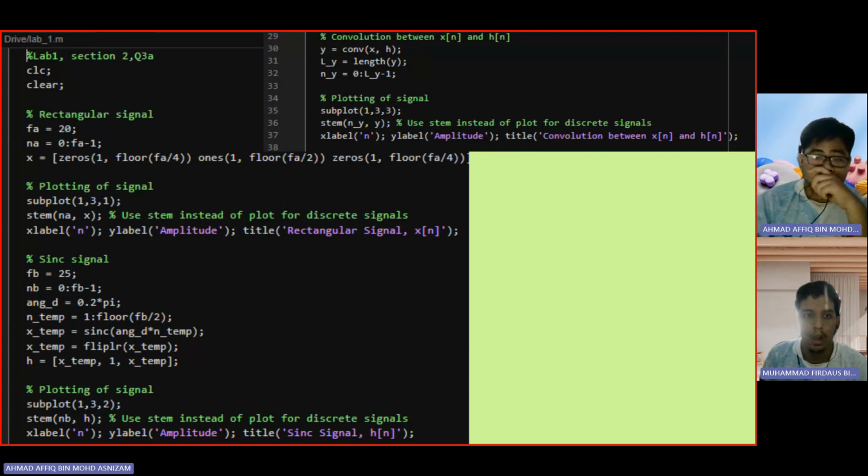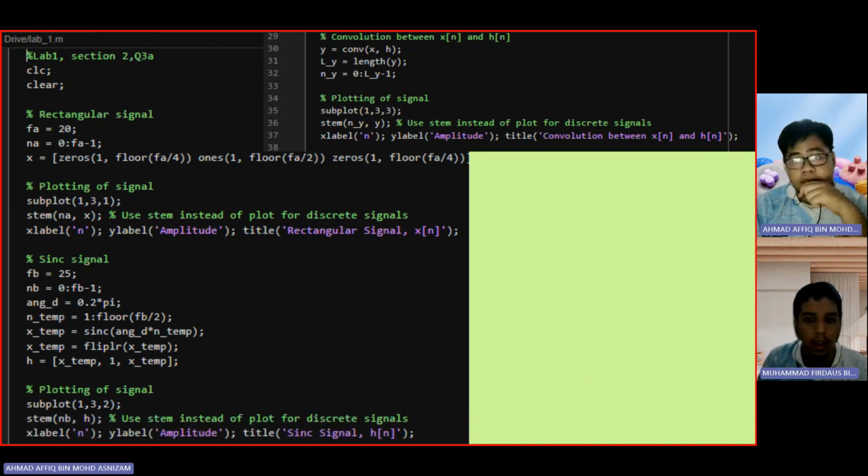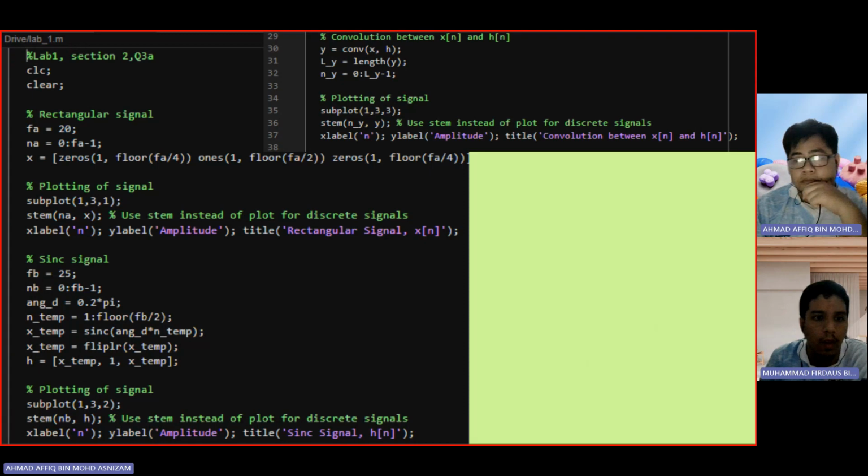Okay, I will explain this coding. This coding is about a signal processing task. First, a rectangular signal Sn with a length of fs samples.